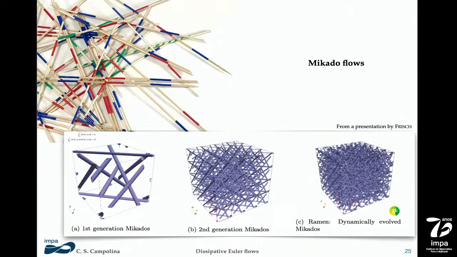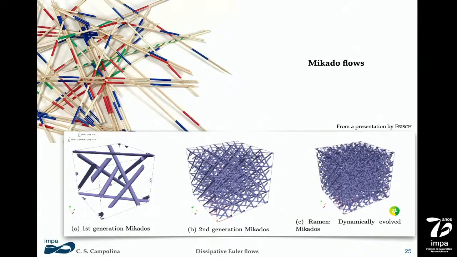I don't know if in Japan it's also called Mikado, and we can see that it resembles Mikados because the solution is composed of several vorticity tubes, which are not entangled in the topological sense, but are somehow constructed one above the other, and it's essentially a three-dimensional construction, right?